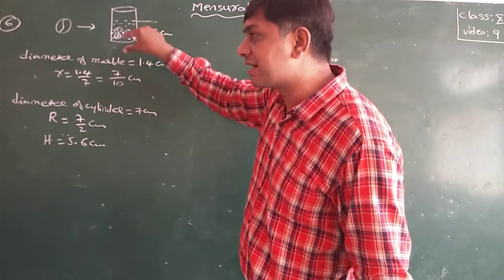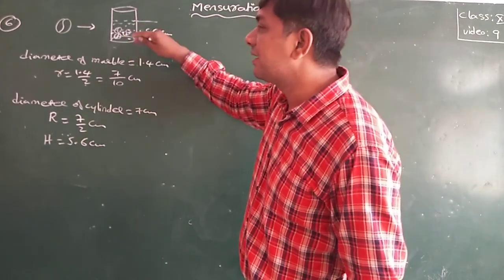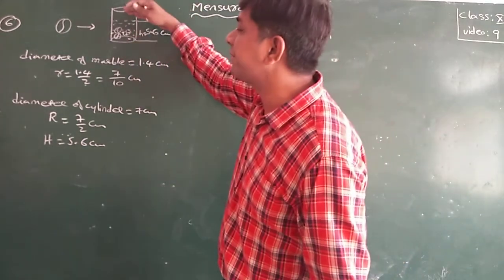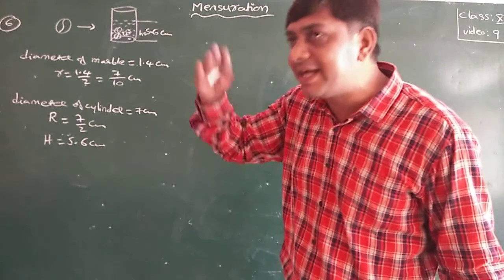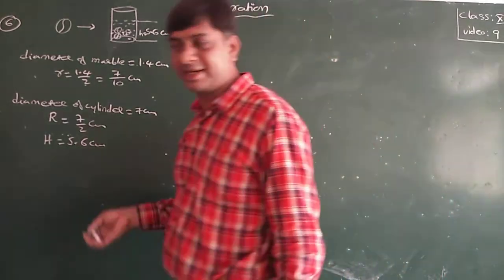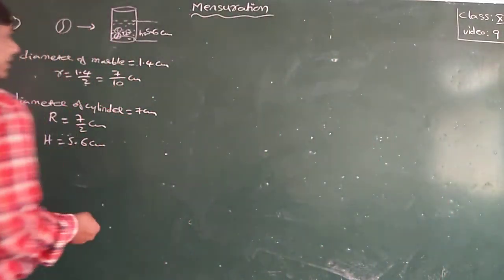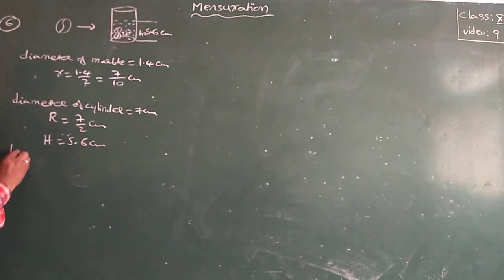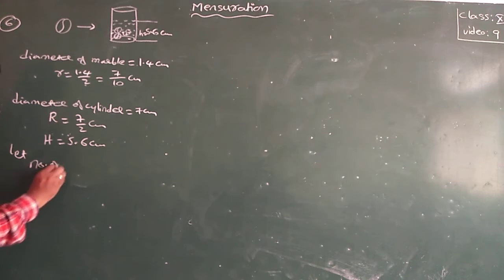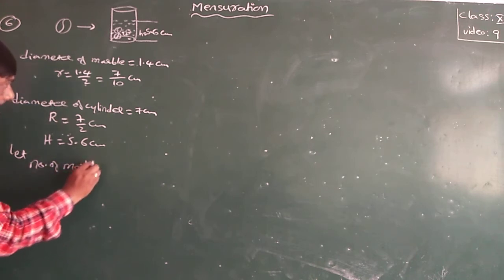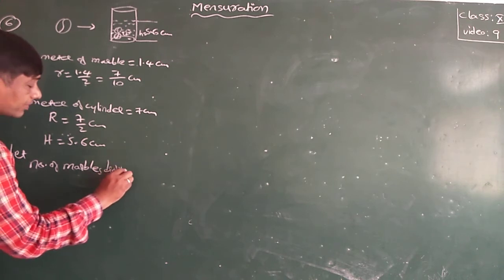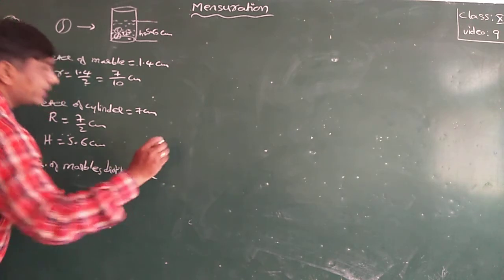At what level water is there, that did not mention. But after dropping the marbles, water rises to 5.6 centimeters height. Then how many marbles dropped in they asked? Let us suppose number of marbles dropped is equal to x.